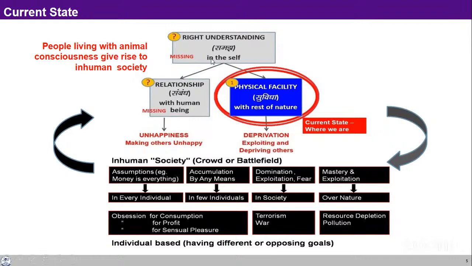Right understanding is missing. Relationship is missing. Everybody is focusing on physical facility. So what is the feeling? What do they have? What is their approach? They are exploiting the nature. They have a feeling of deprivation.